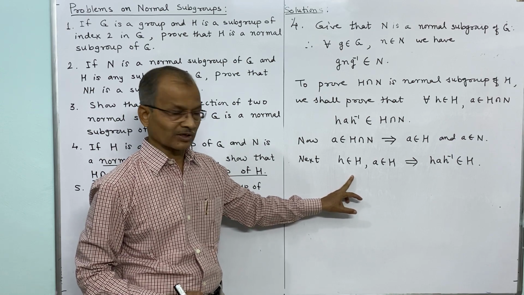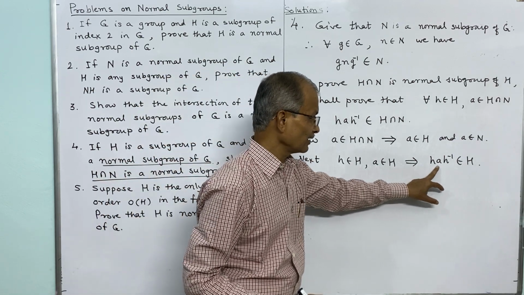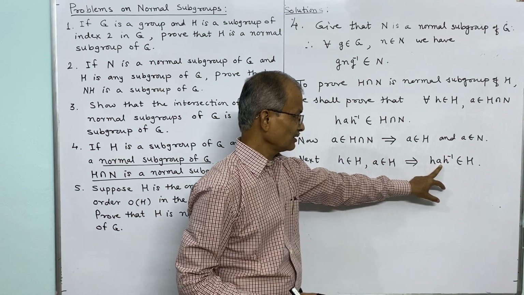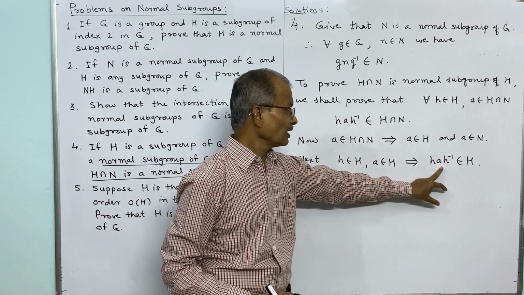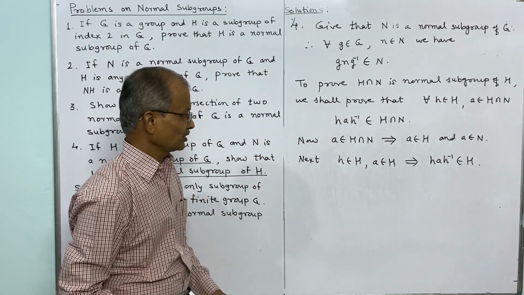It contains inverses. And therefore all are in H: h is in H, a is in H, its inverse is also in H, and therefore h a h inverse is in H.